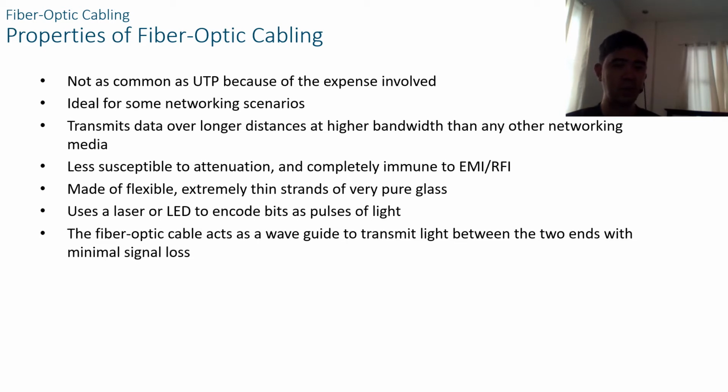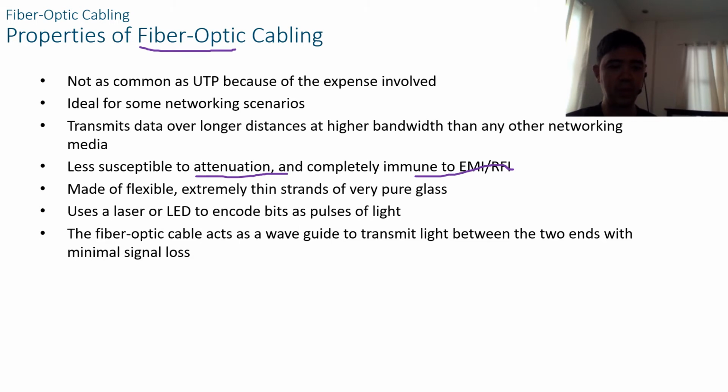The good thing with fiber optics is it can provide a much higher bandwidth. Another, there is no EMI or RFI, there is no interference, because fiber optic uses light signals, and by physics, light travels faster as compared to electrical signals. There's also less attenuation in fiber optic.